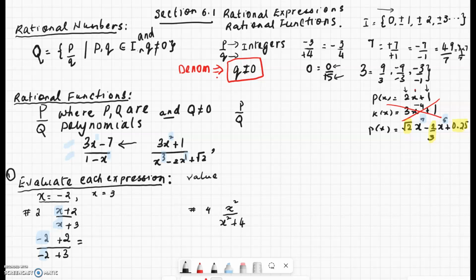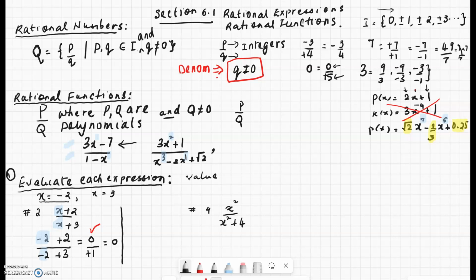Now simplify it. Negative 2 plus 2, opposites cancel each other to get a 0. And 3 minus 2 is equal to positive 1. 0 divided by any non-zero number equals 0. So the 0 in the numerator is perfectly fine. Now let's plug in x equals 3 in the same expression.